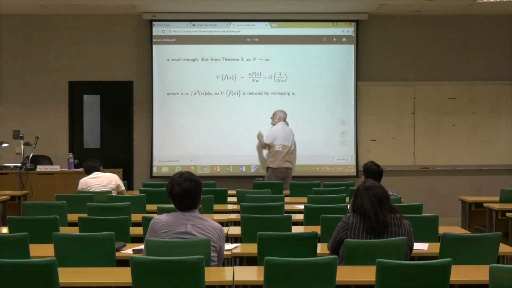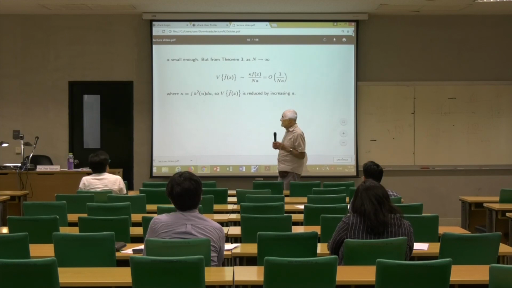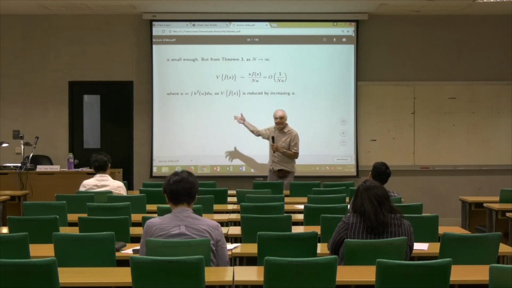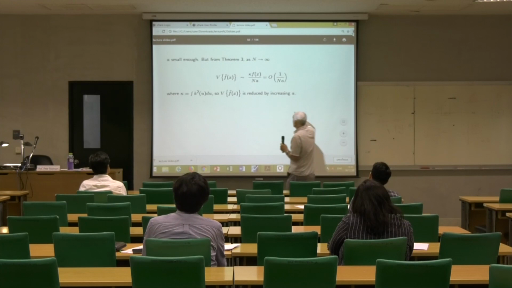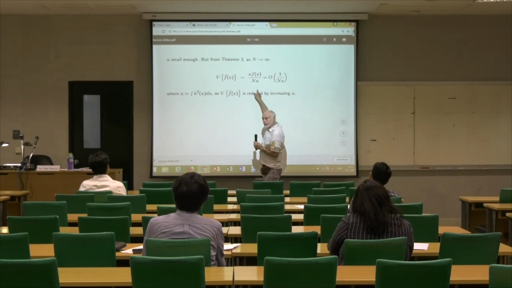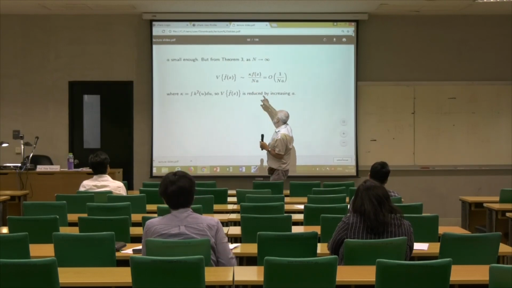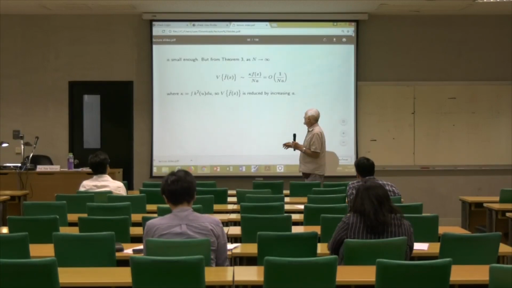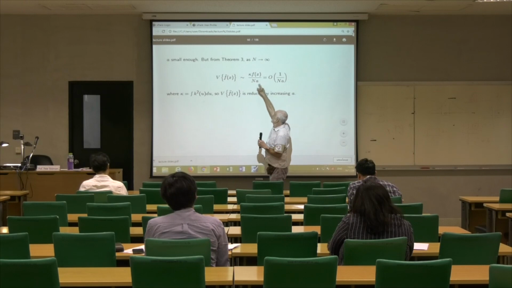Kappa was the integral of k squared, which was introduced as one of the conditions. F is just the density itself, which we're trying to estimate, that arises in the variance. And in the denominator, we get this NA. And this, of course, illustrates why we need NA to go to infinity, because we must have this variance go to 0.